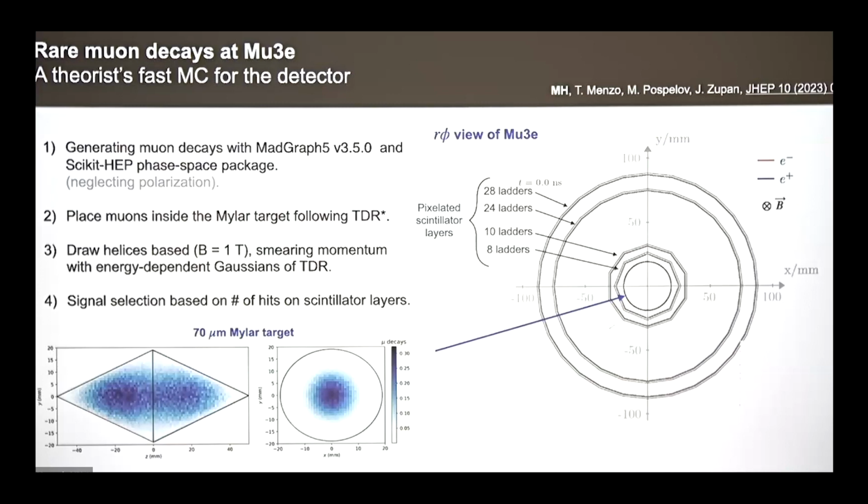Maybe I misunderstand something, but I thought that the muons decay on the surface of the Mylar target. I thought they were inside, but maybe I'm wrong. You stop the muon inside the target material, not inside the hollow space in the target. Oh, the material.